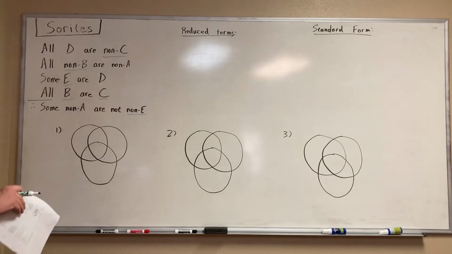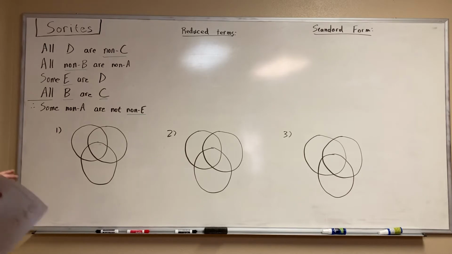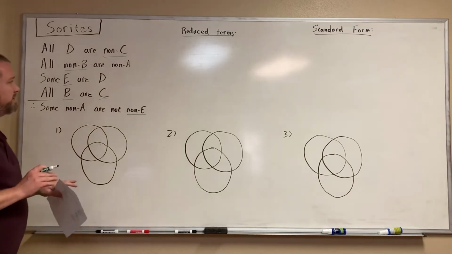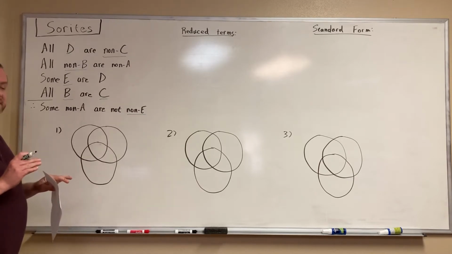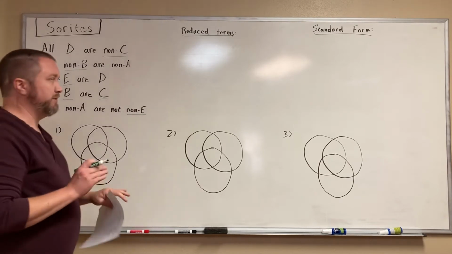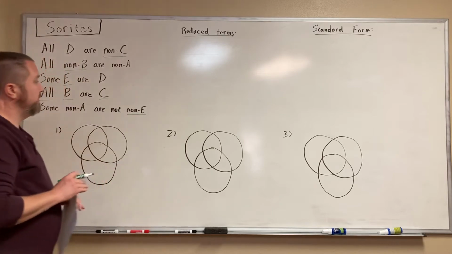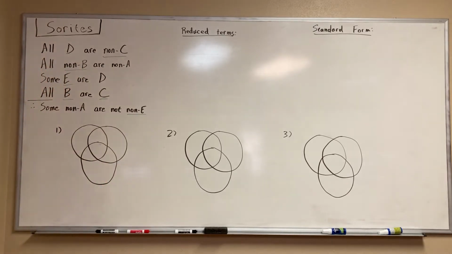Okay, so this is one way, and I'm sure there are other ways to reduce terms, and your argument will look a little different, but the statements will actually be logically equivalent if you've done your immediate inferences correctly.